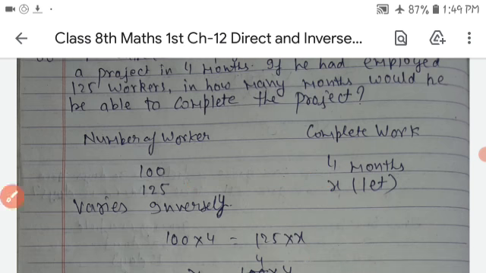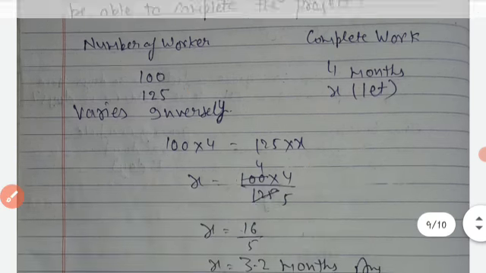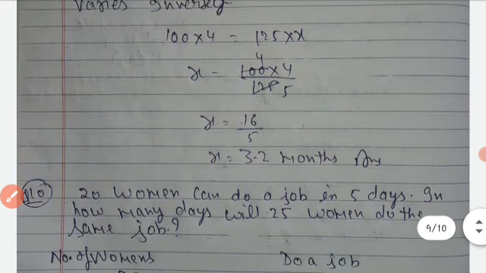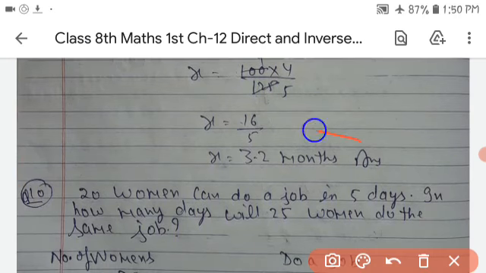This is inversely proportional, so 100 into 4 is equal to 125 into x. Now x is equal to 100 into 4 upon 125. Using the table of 25, 25 5s are 125 and 25 4s are 100. So 4 4s are 16, and 16 upon 5 is equal to 3.2 months.